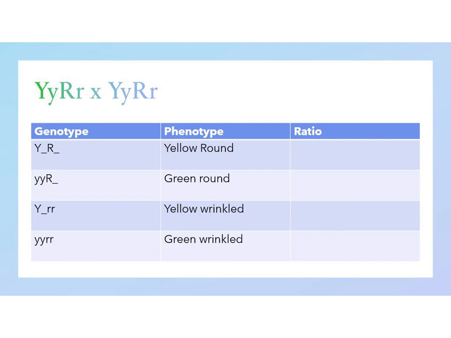When I look at the Punnett square, I count 9 different genotypes, and the total number is 16. So our ratio is 9 to 16.